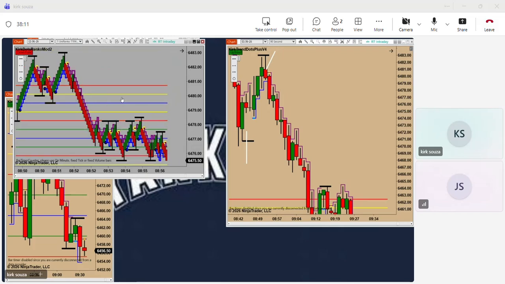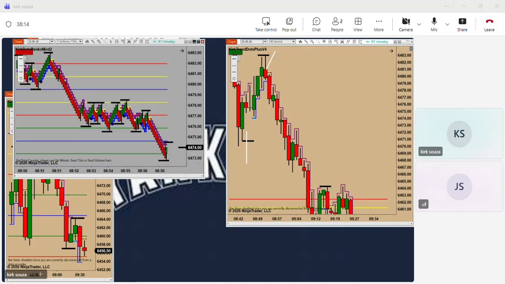That was kind of a stupid one though. Let's see. Yeah, right there. So you wouldn't have got in way over here, because it was making higher highs, lower low, higher high, lower low, higher low.